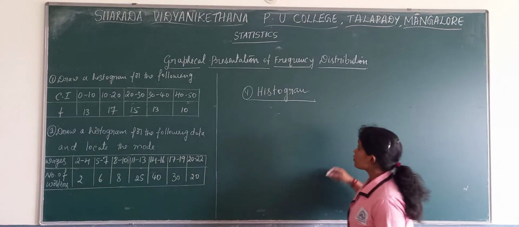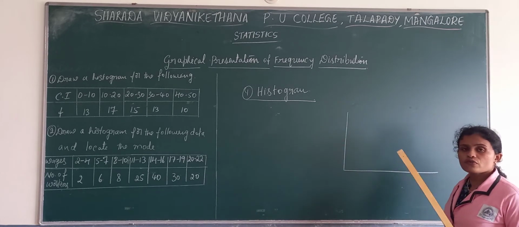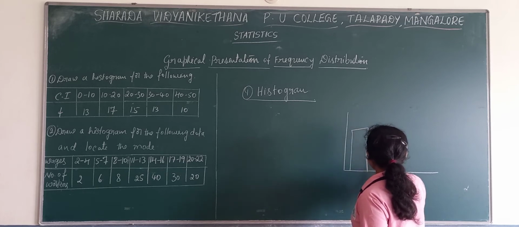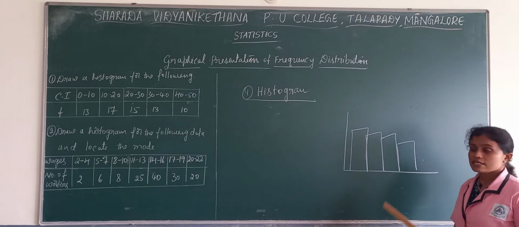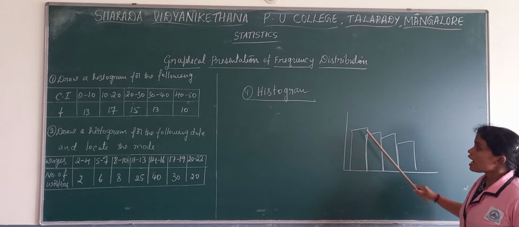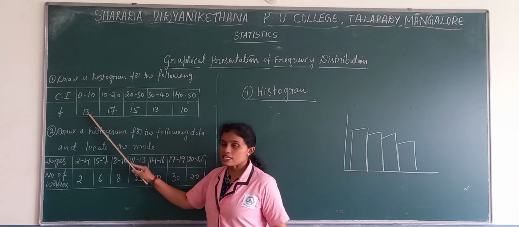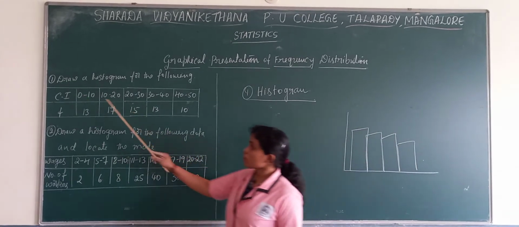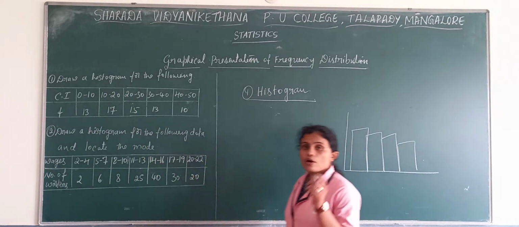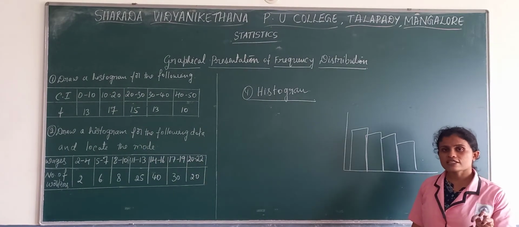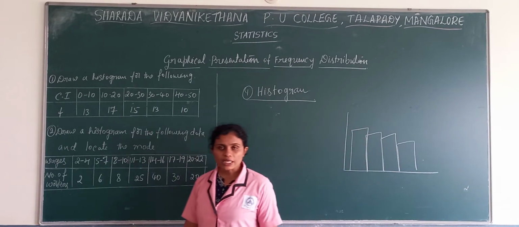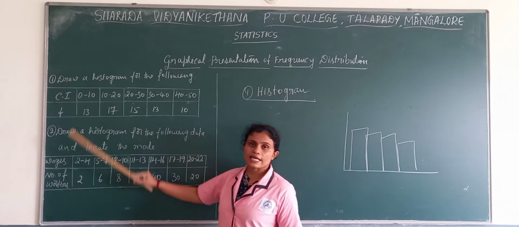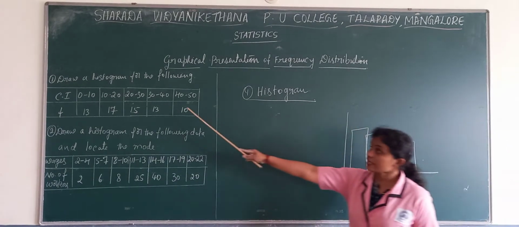It is a set of adjacent rectangular bars whose height is according to the class frequency of that particular class and whose width is according to the width of the class intervals.